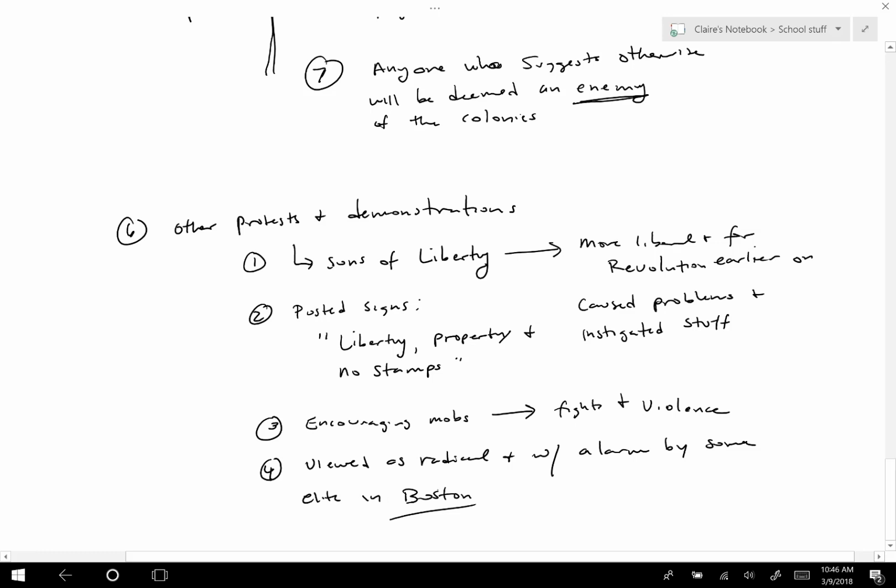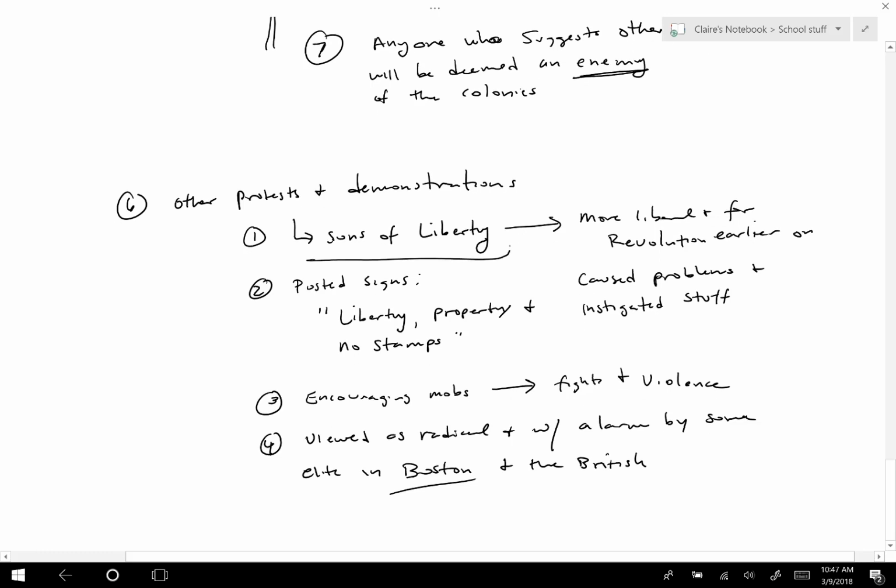You have merchants from there, the port, you have a lot of the printers and political activity going on in that area at this time. So elite in Boston and the British, and they're going to continue to play their role. So what's the role of the Sons of Liberty? It's to keep pushing for revolution and getting people to support it.